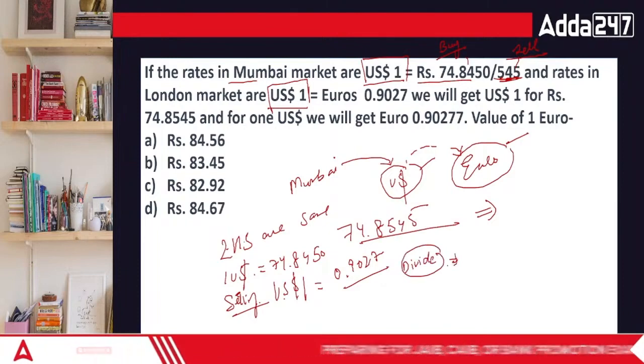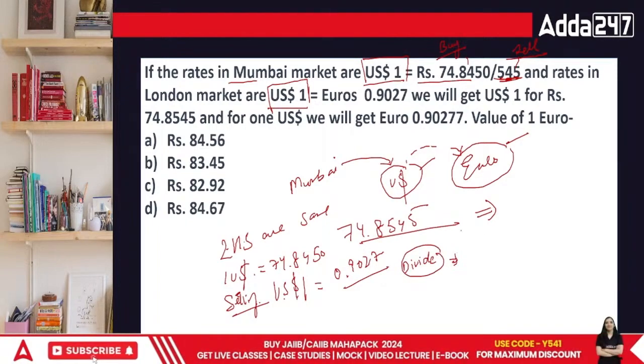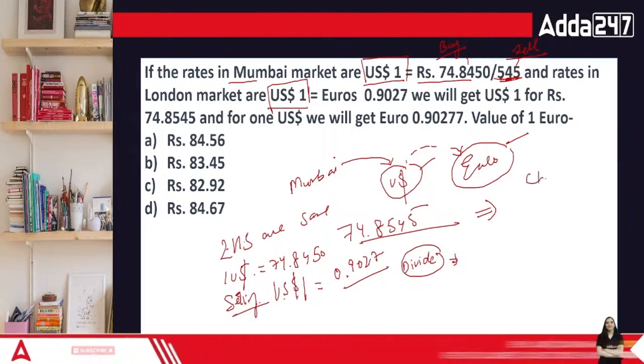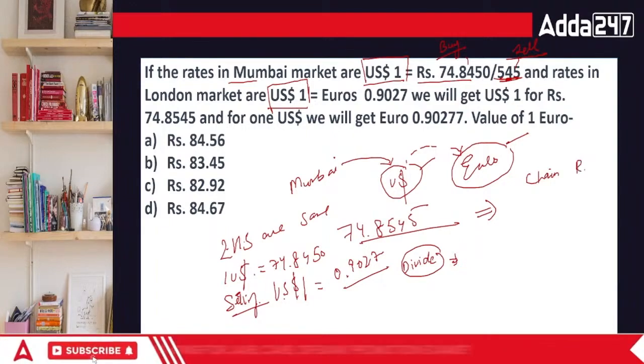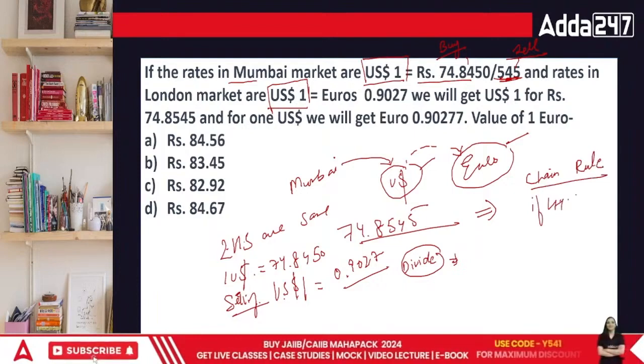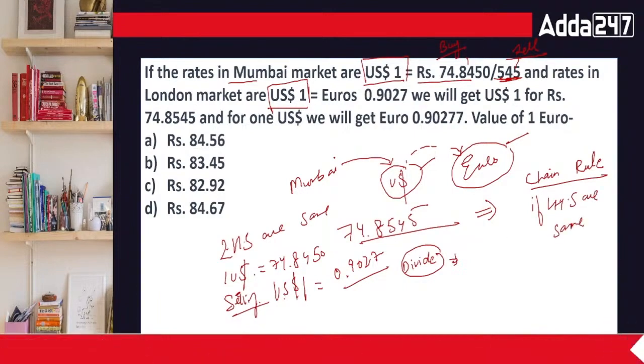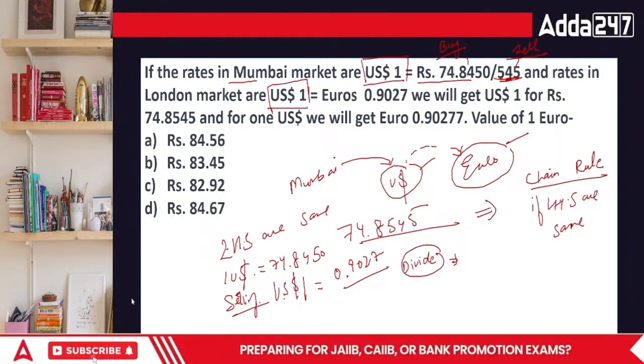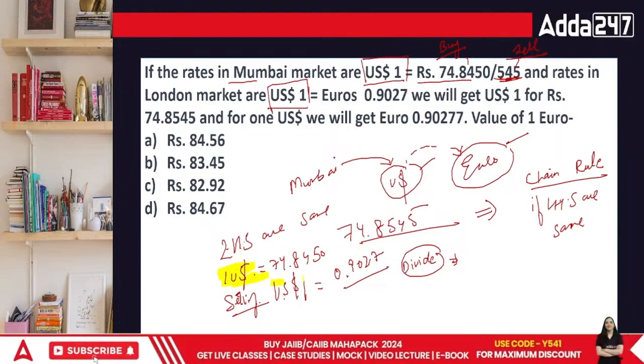How do we divide it, everyone? When LHS is same, this is the chain rule. Chain rule says if LHS are same, can you see in this case both the points? This is in US dollars and this one is also in US dollars. This is euro and this is rupees.